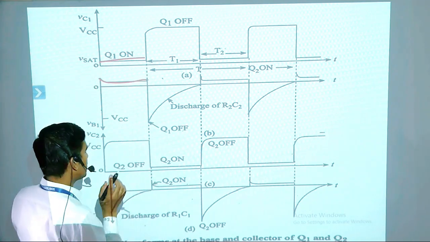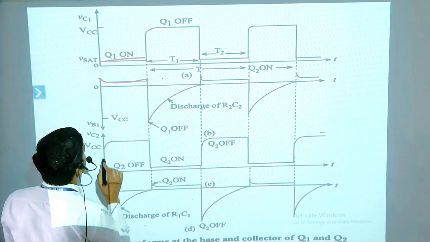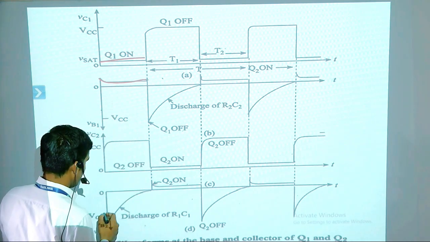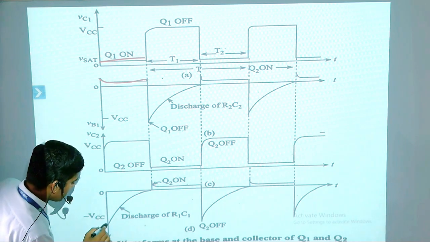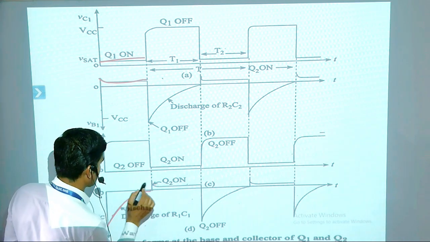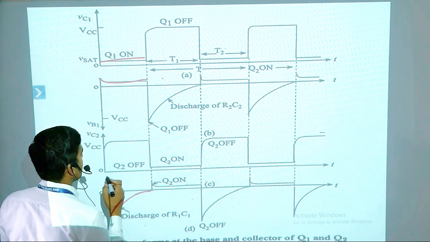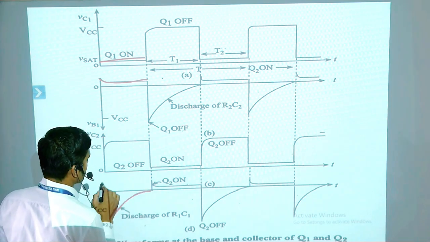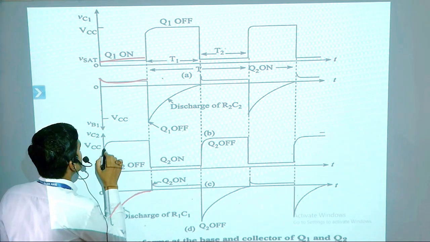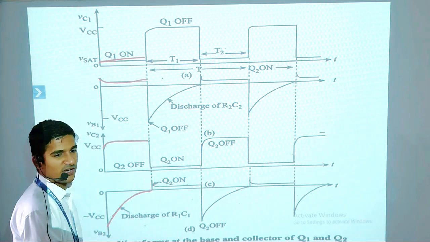This is for the first condition. When transistor Q1 is on, transistor Q2 is off. This low power supply goes to the base of transistor Q2. Then transistor Q2 is off. Then the resultant collector signal of transistor Q2 is high. This is the first waveform.